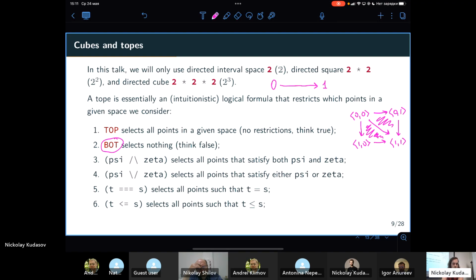Bottom would correspond to selecting nothing, or logically this corresponds to false. Then we have this symbol that is reminiscent of logical and, which is the intersection of shapes. This is the union of shapes, and this in mathematical notation is denoted like this in the paper, but we're going to skip that.